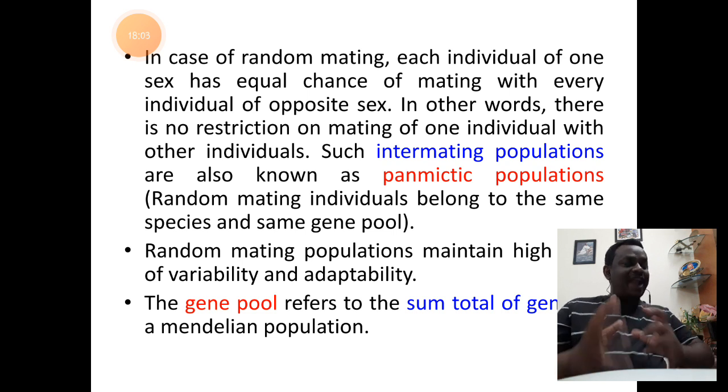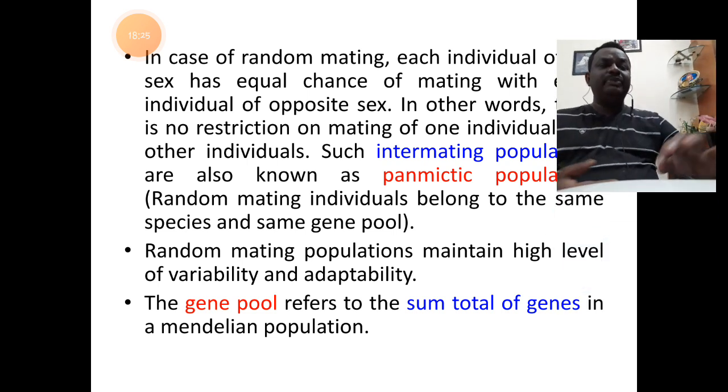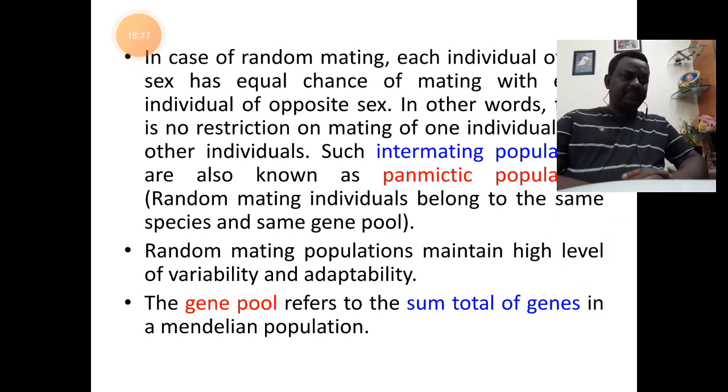An advantage of a random mating population or panmictic population is the gain of changes or variations, and these changes also relate to adaptability.